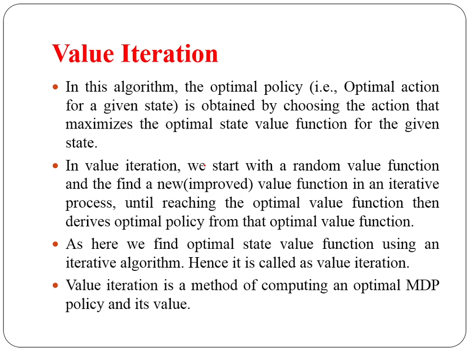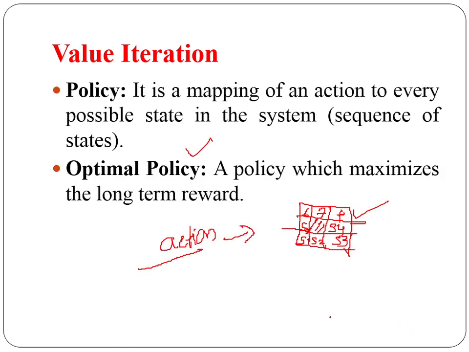How can an action be chosen, for example, from a state? Here there are various operations: you are going left, right, up, down. So from one state you can move with any of these four actions. Which action is best suited so that I can reach my destination from the given state? I have to select the best action, that is, the optimal action.